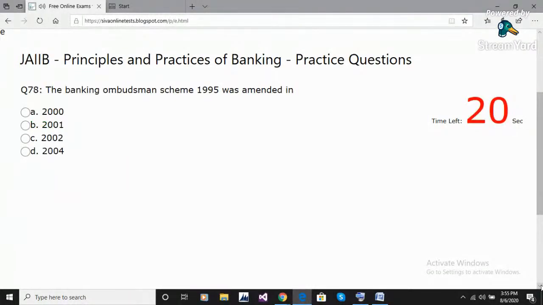Question 78, the Banking Ombudsman Scheme 1995 was amended in Option A 2000, Option B 2001, Option C 2002, Option D 2004. Answer C 2002.